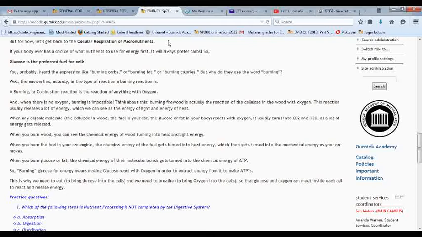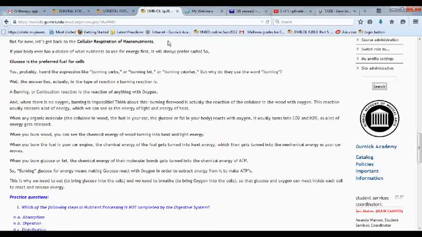So recharging your batteries inside your cells using the energy of food. That food gets into your cells with the help of your digestive system and with the help of the circulatory system that brings those nutrients to all your cells.